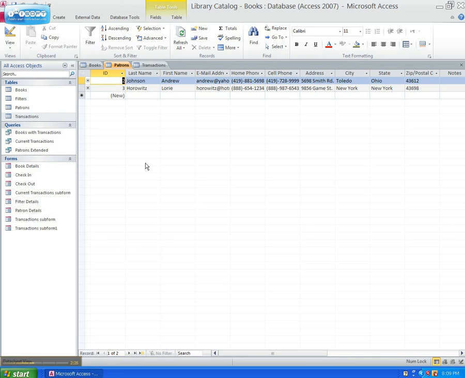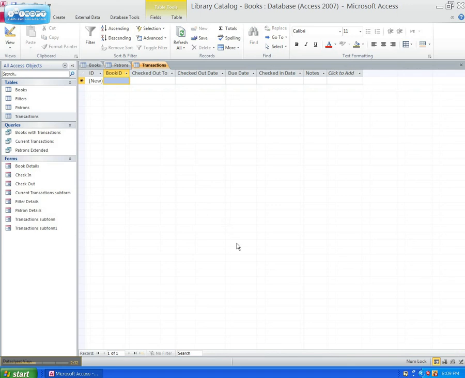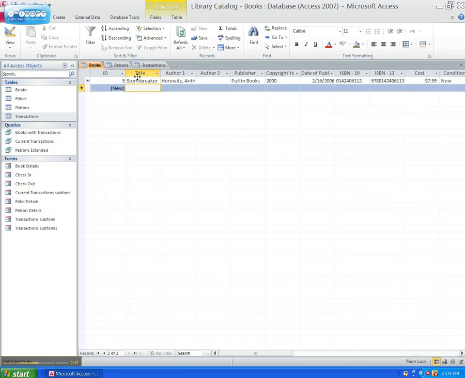I only have the specific information for the patron there in the patrons table, and then what I do is I have a third table here called transactions, and in the transactions table, that's where I put an ID for a book. I can select a book, and I also have an ID for who checked it out. So you go back to the books table and you can see there's an ID. So ID 5.